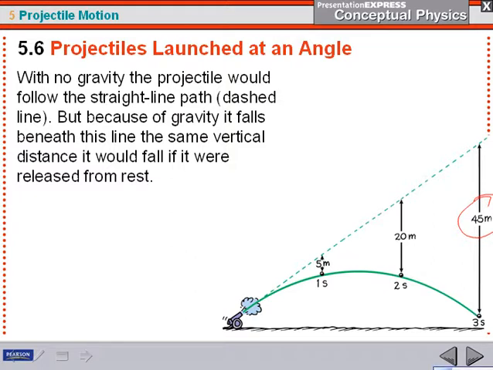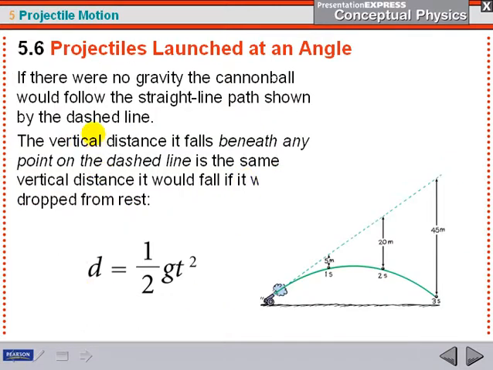You can determine how far an object falls because the distance it falls beneath the line is the same as the vertical distance it would fall if it was released from rest and undergoing free fall. So how do we find that?